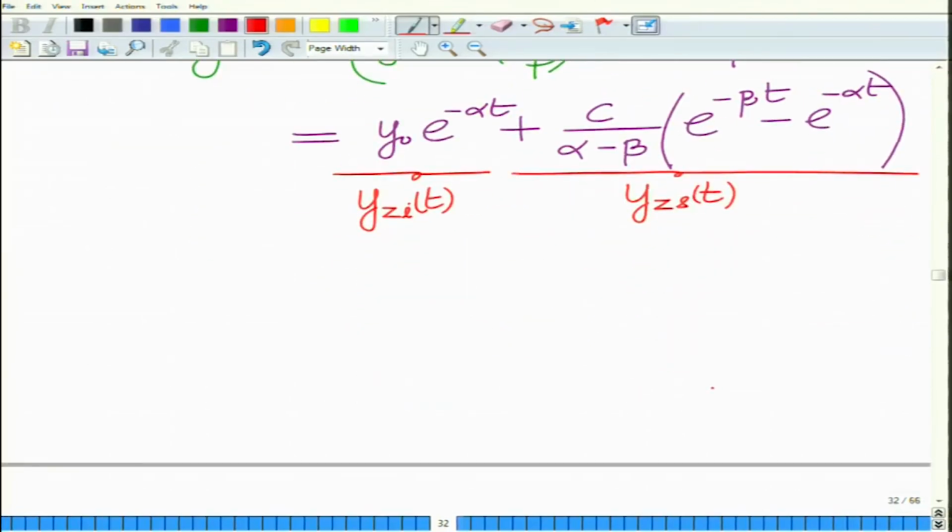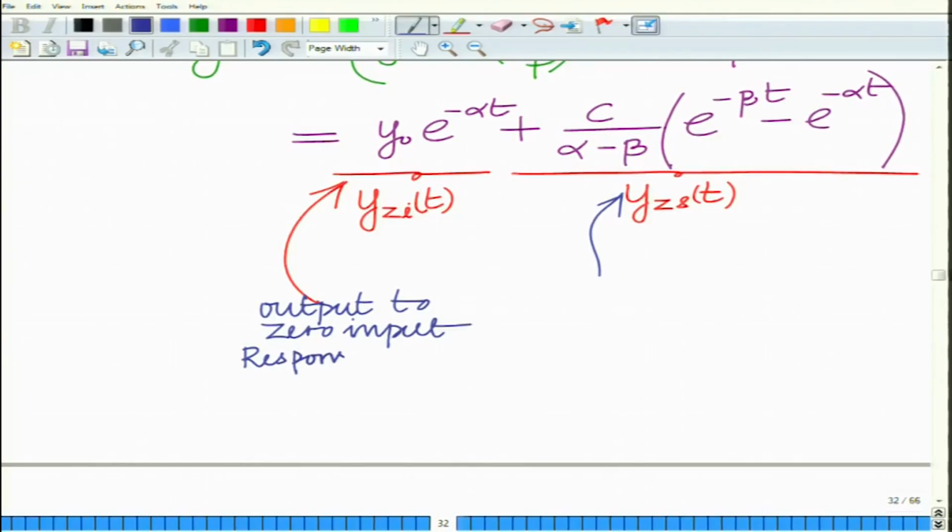So I can express the solution as y zi(t), the output to 0 input, plus y zs(t), the 0 state signal, which is the response with zero auxiliary condition.